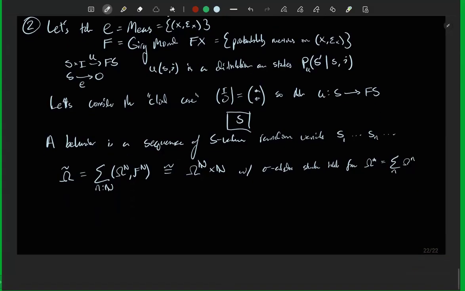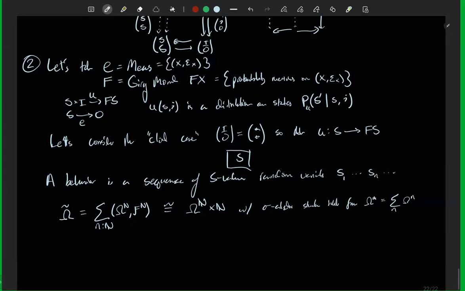Okay, so that's the state space, and now the update here is going to be very similar to the clock system.